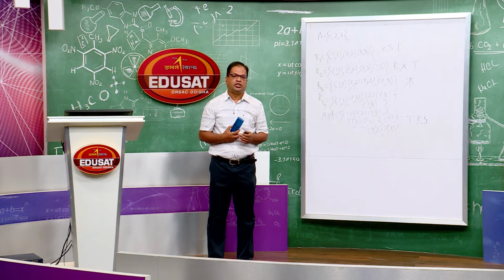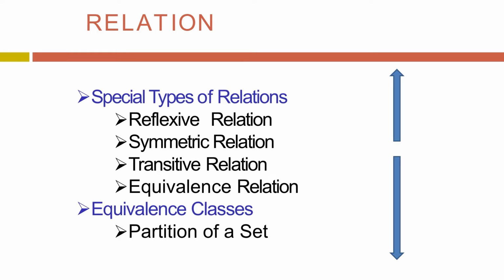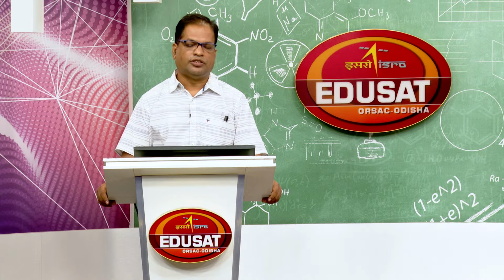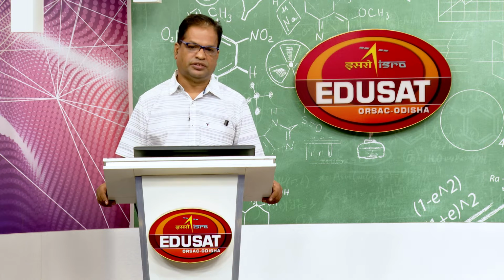Next, we will discuss equivalence relation. So, already we discussed reflexive relation, symmetric relation and transitive relation. Then next is equivalence relation. A relation on a set A is said to be an equivalence relation if it is reflexive, symmetric and transitive.